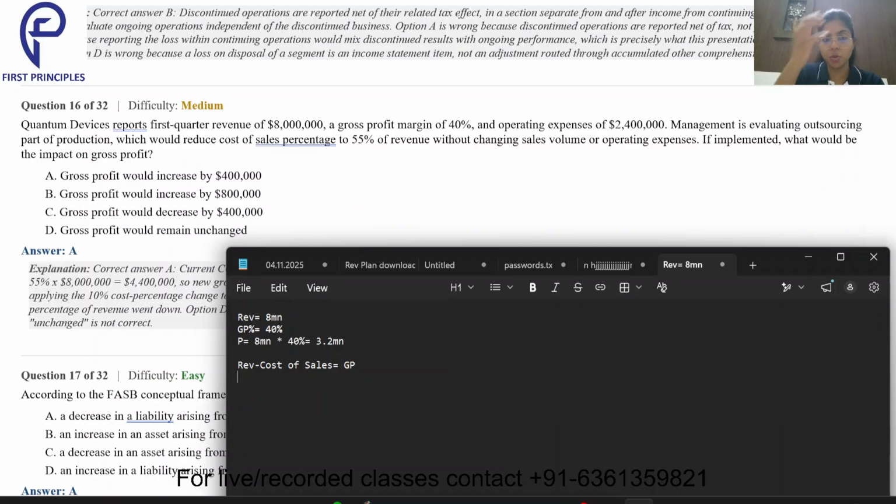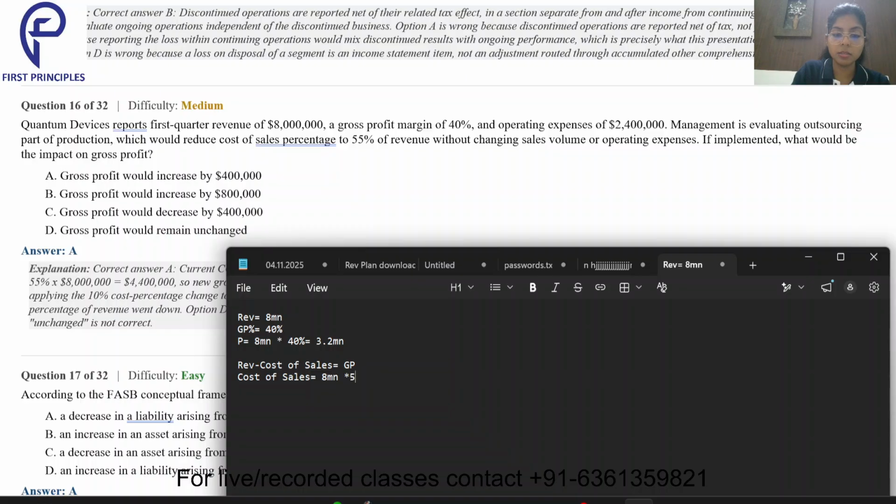Again, the cost of sales percentage is reduced to 55% of revenue without changing the sales volume or operating expense. So my new cost of sales is 55% of the revenue.